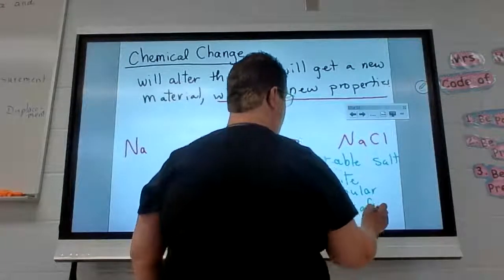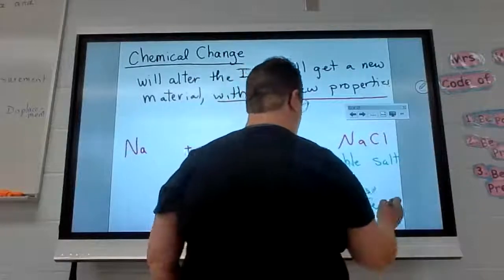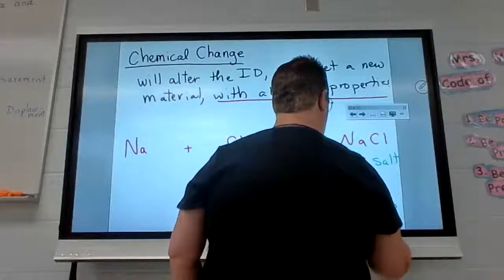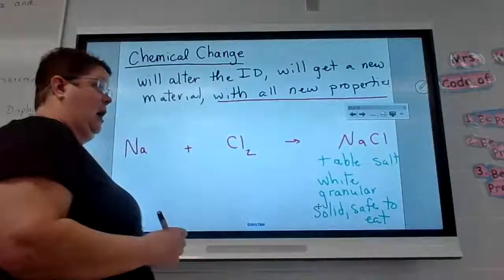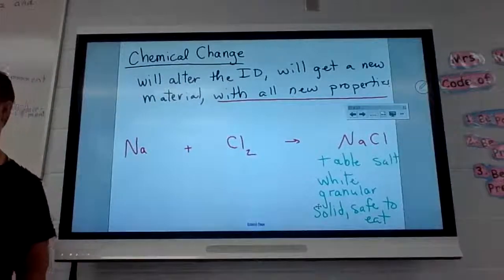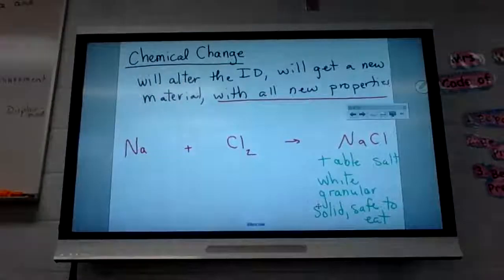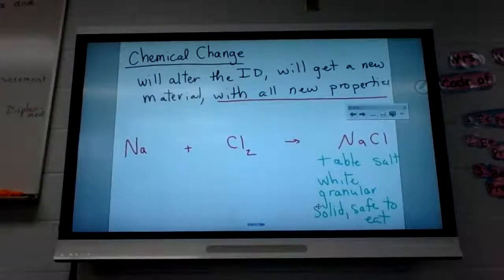I mean, we can shake it out of a shaker. It is safe to eat. Would anybody disagree with those things that I wrote down about it? Okay, it's white, it's granular, it is a solid, safe to eat.